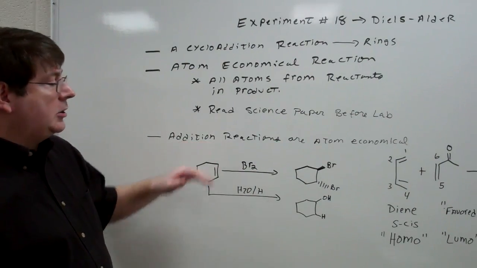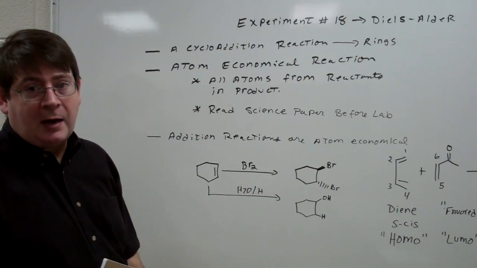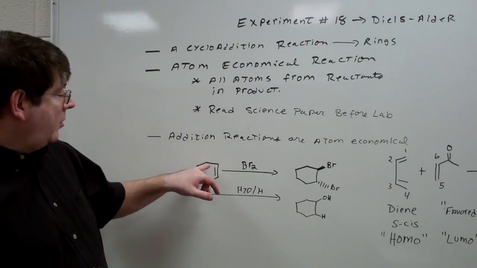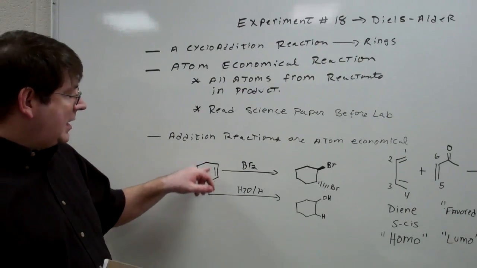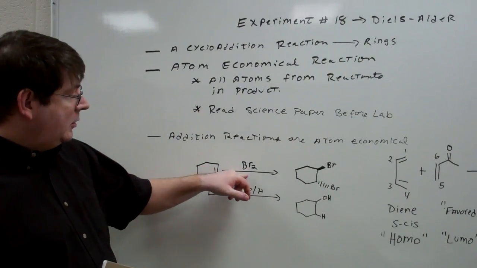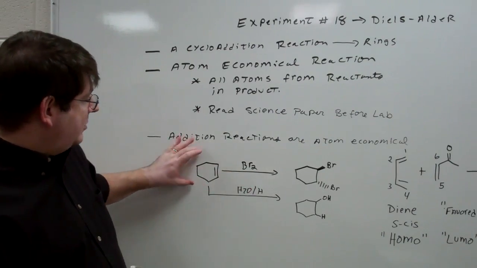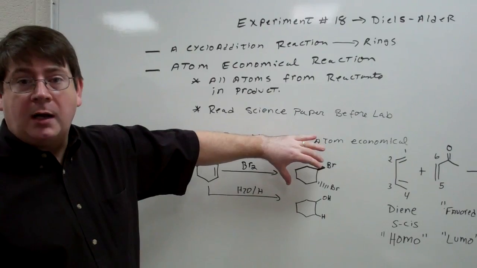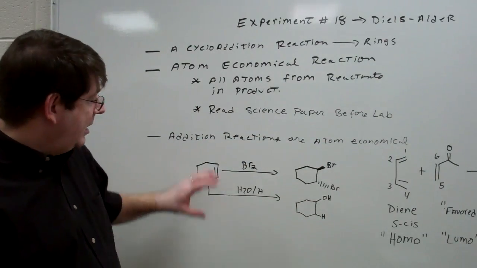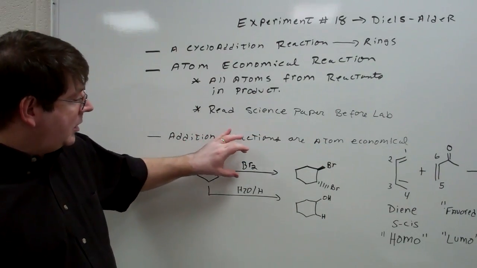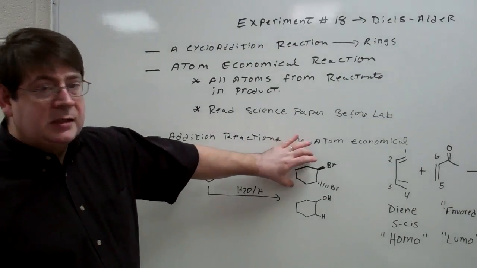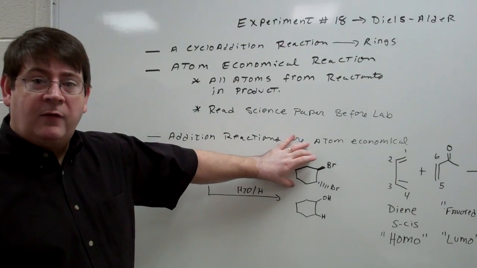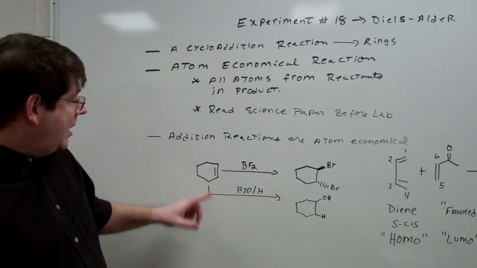Most of the addition reactions that we've learned about in class actually are atom-economical reactions. So for example, if we take an alkene, in this case I've got cyclohexene, if you add bromine to it, all of the atoms in the two starting materials end up in the product. There are no waste products that are produced from this reaction. Everything in the cyclohexene plus everything in the bromine ends up in the product, and so we would call that a very atom-economical reaction.